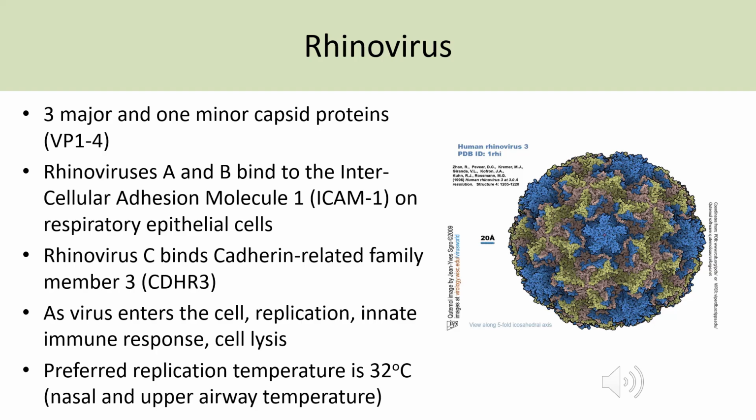The preferred replication temperature for rhinovirus, as with other cold viruses such as the coronaviruses, is about 32 degrees, and this temperature is usually that of the nose and the upper airway. So this is why they tend to occur a little bit more in the cold seasons.